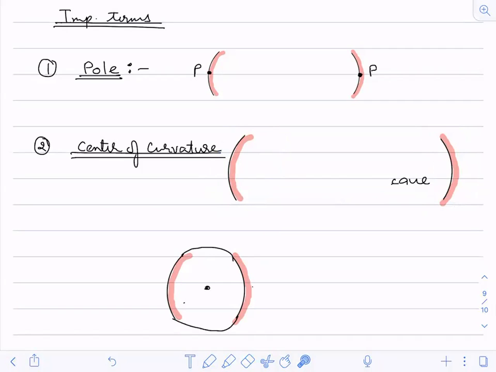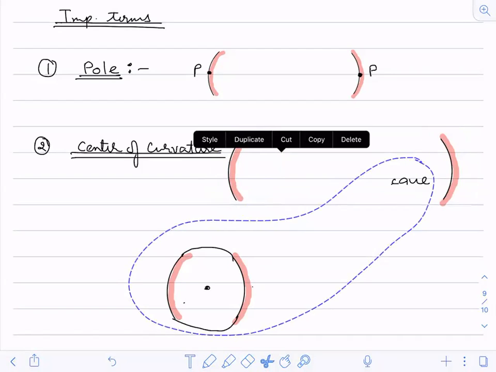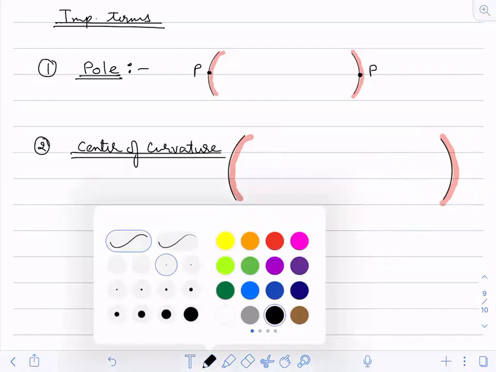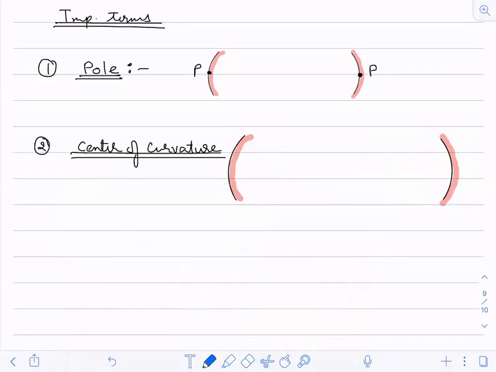Okay, so I'm writing the definition over here. Center of curvature, COC in short, is a point.